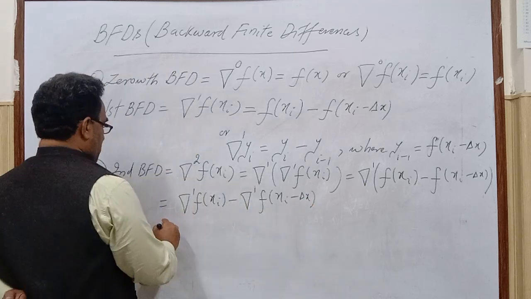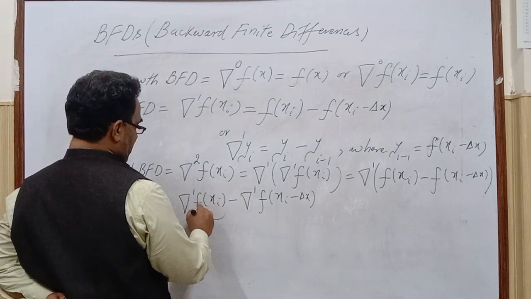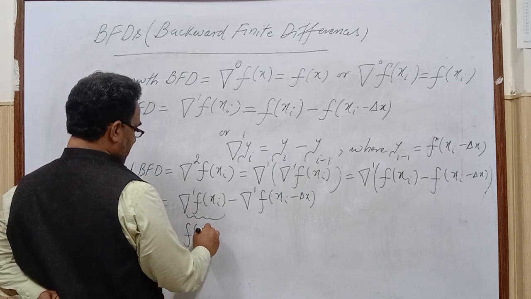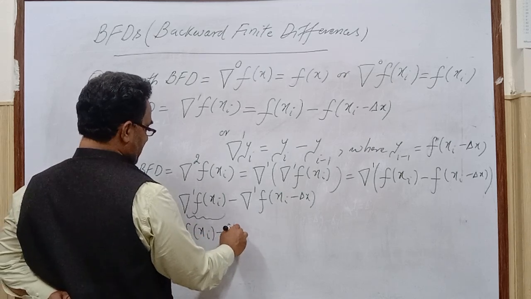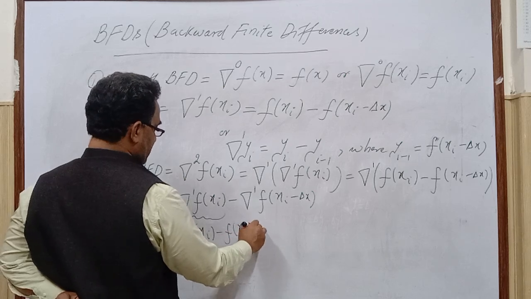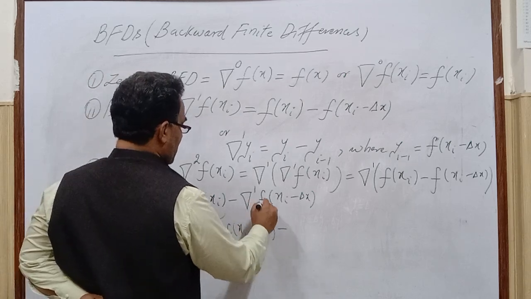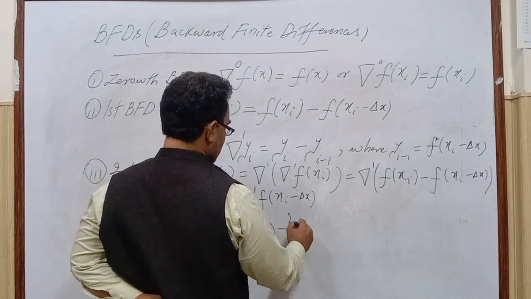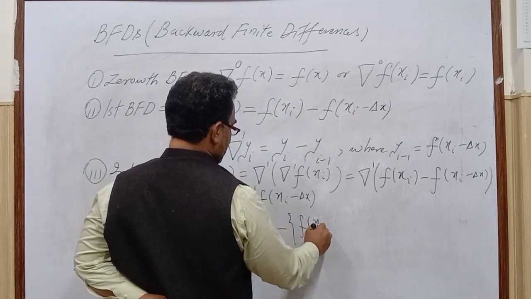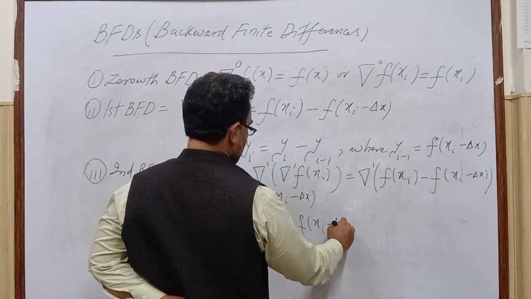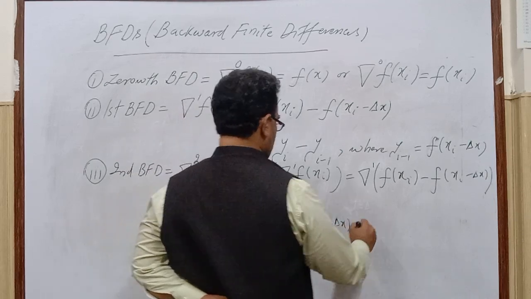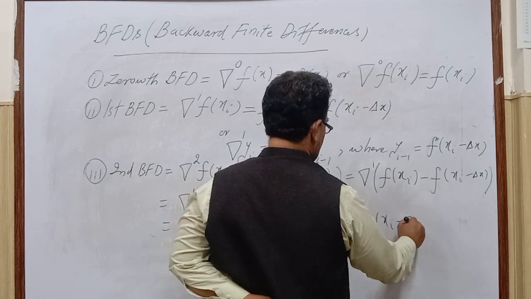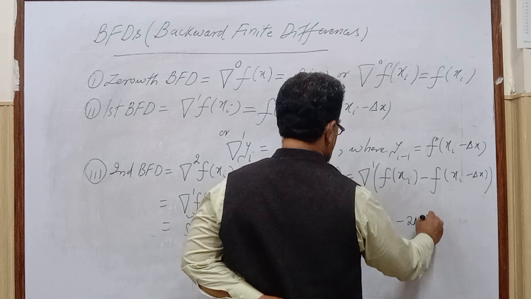This del 1 f of xi will produce the result like this: f of xi minus f of xi minus delta x, and this del 1 will produce the result like this: f of xi minus delta x minus f of xi minus 2 delta x.